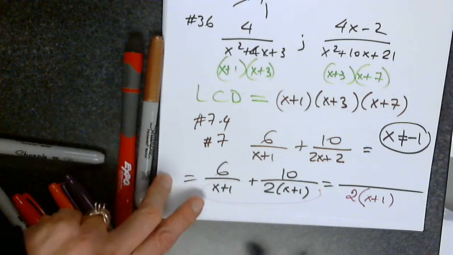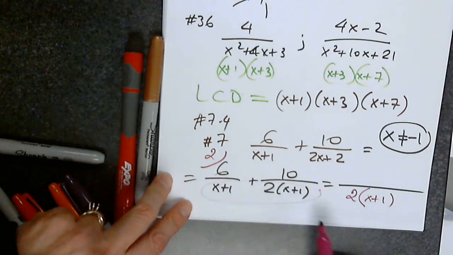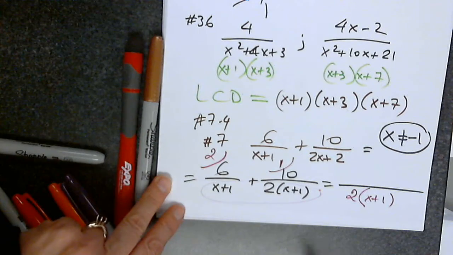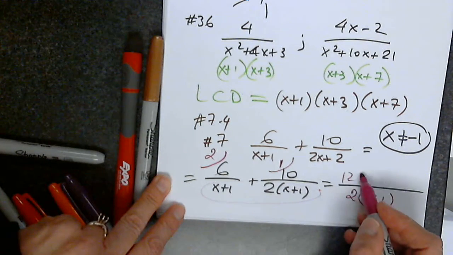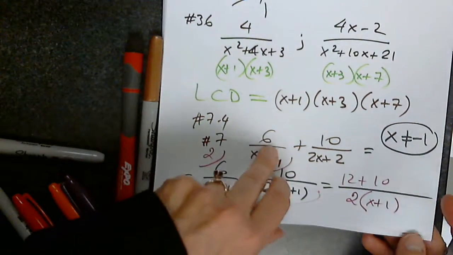Very good. The first one needs an adjustment. What will you write at the top? 2 indeed. And this one doesn't need anything. By anything, we mean 1. So 2 times 6 is 12. 12 plus 10. And that will give us 22.